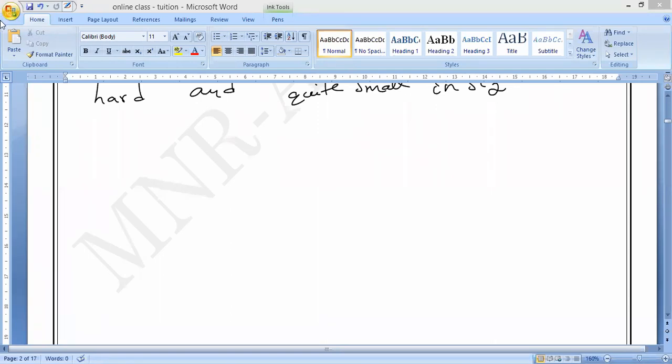Baking soda is used in making cakes. Sodium carbonate forms from it by the action of heat, and it will give you carbon dioxide. Is it yes or no? But what will happen? During baking, if you heat it, it will give a bitter taste to the cake or bread. The taste will change. So the action of heat during baking will give you a bitter taste.